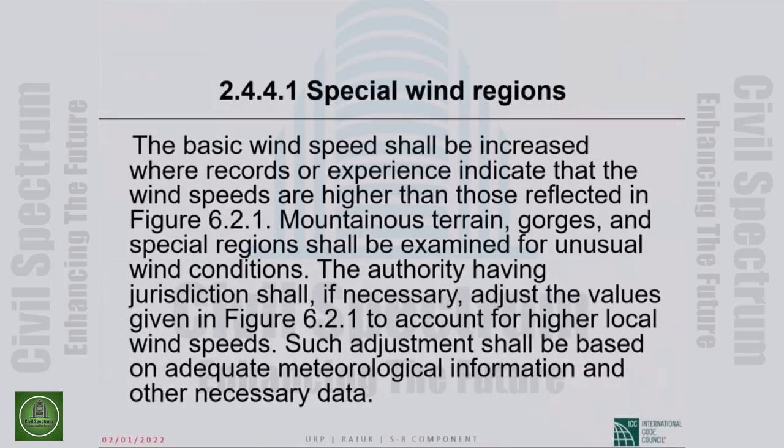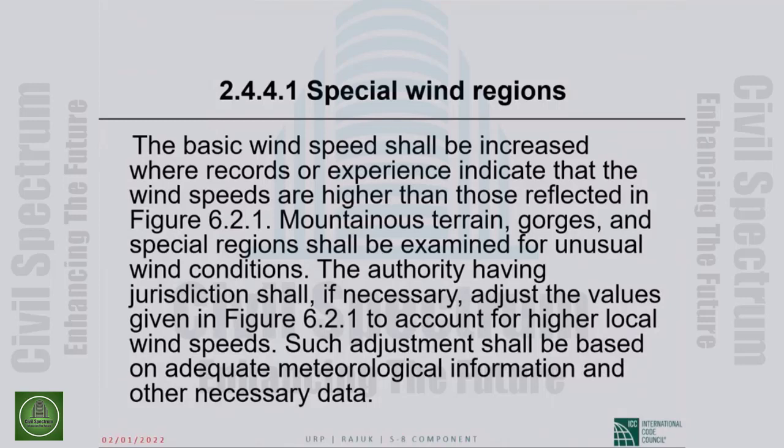Special wind regions. The basic wind speed shall be increased where records or experience indicate that the wind speeds are higher than those reflected in the map that I just showed you. Mountainous terrain, gorges, and special regions shall be examined for unusual wind conditions.